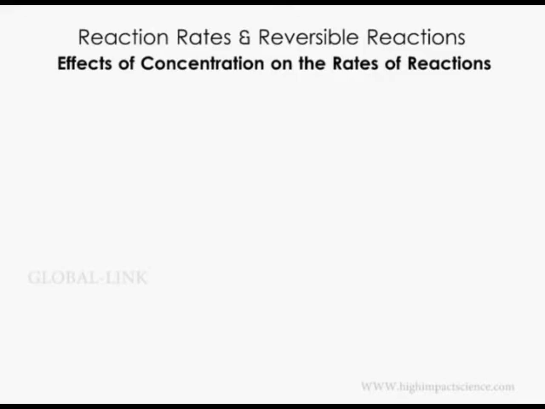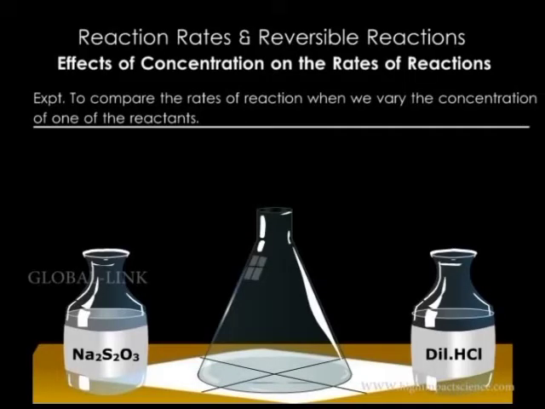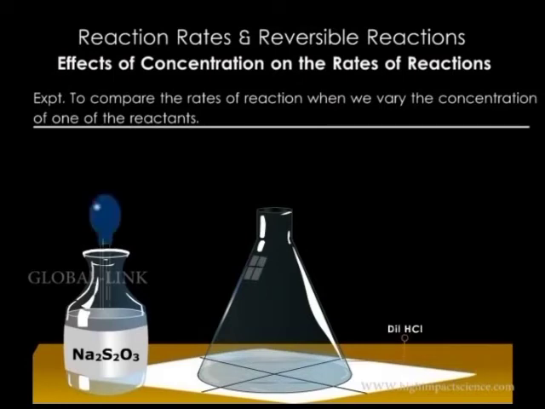Now, we want to perform an experiment to compare the rates of reactions when we vary the concentration of one of the reactants. We saw that we can measure the rate of a reaction by measuring the amount of product formed per unit time. In this experiment, we will react dilute hydrochloric acid with sodium thiosulfate.